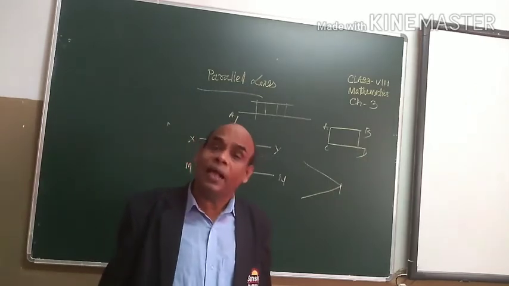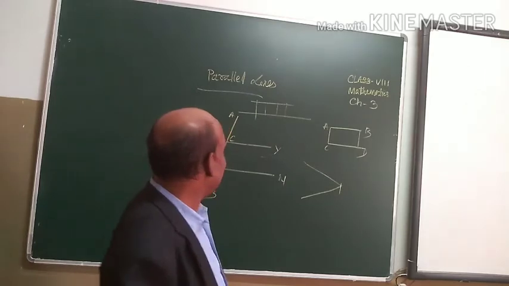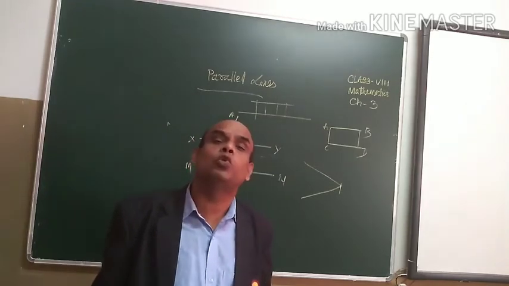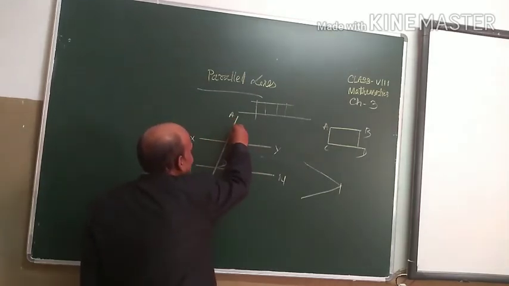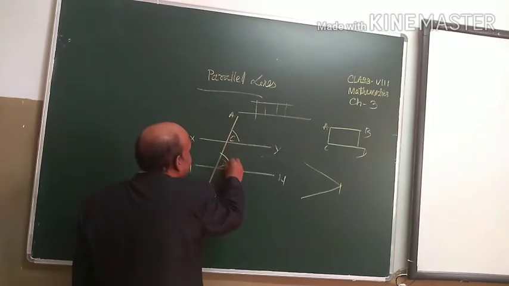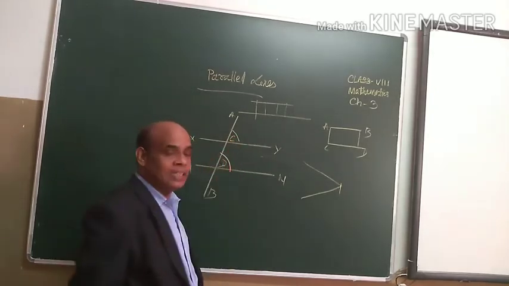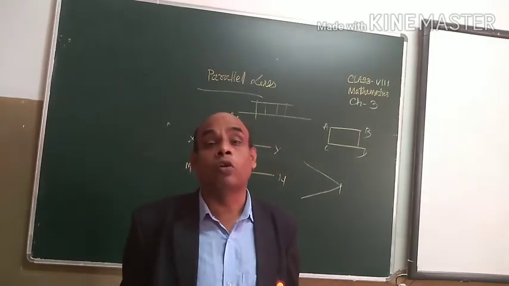What will happen? You have to remember, whenever a line intersects two parallel lines, angle C and angle D are always equal.